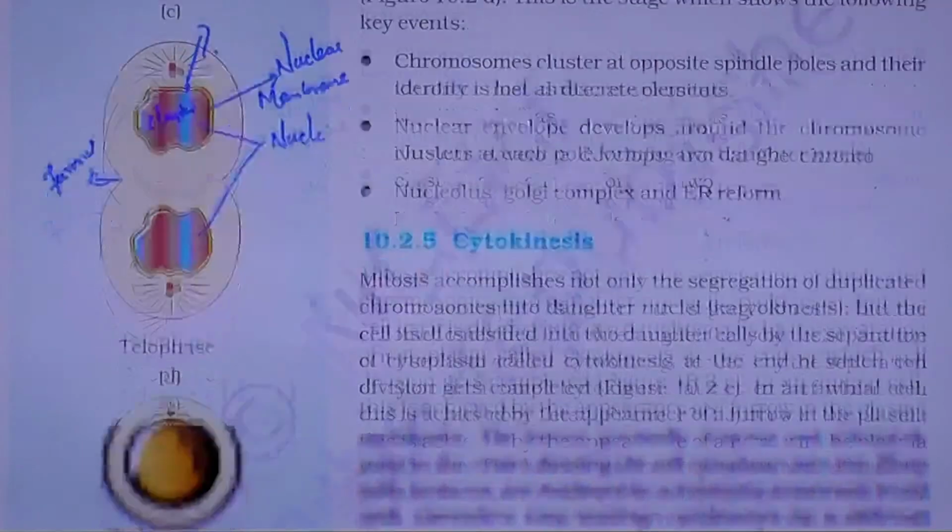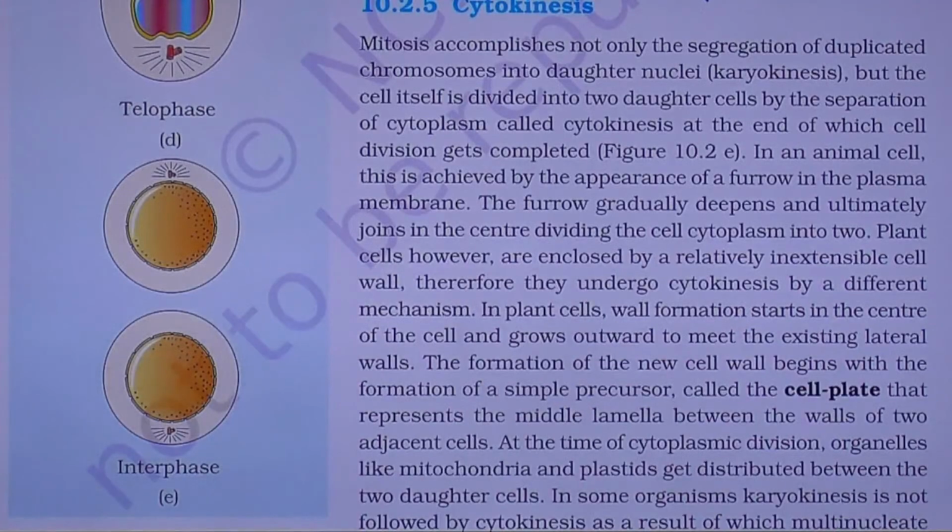The second stage, the end stage of mitosis M phase, is cytokinesis. Cell division takes place here. Mitosis accomplishes not only the segregation of duplicated chromosomes into two daughter nuclei, but the cell itself is divided into two daughter cells by the separation of cytoplasm, called cytokinesis. Cytokinesis means a division.